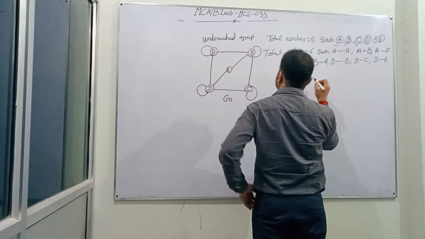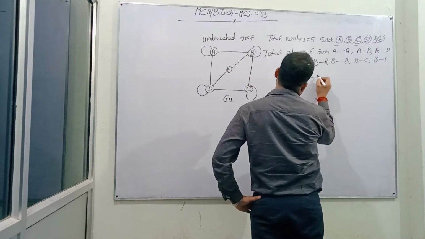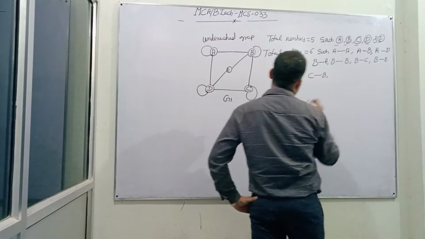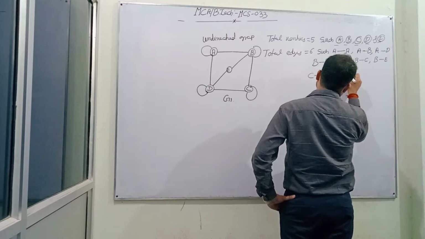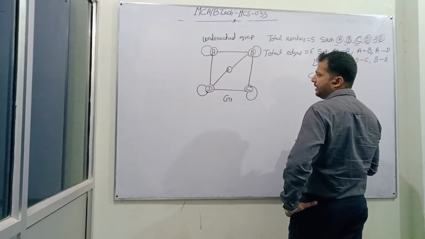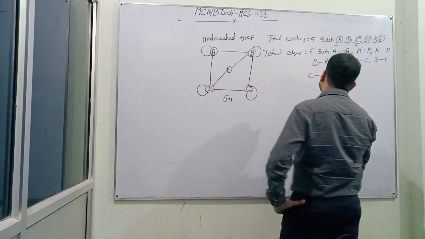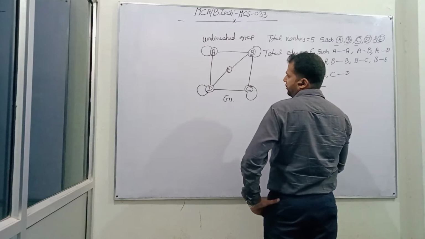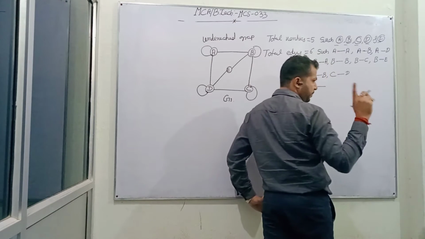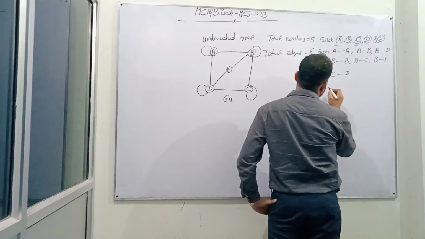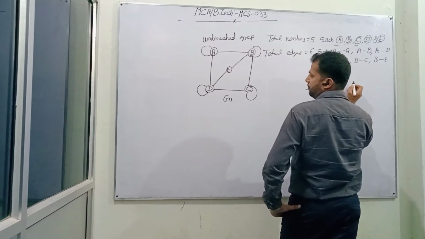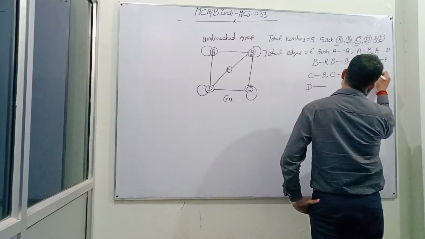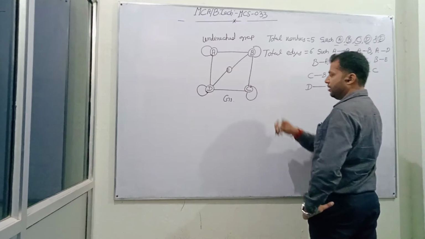Here we will consider C. So we will see C to B, C to D. Yes or no class? And then we will consider the next vertex D. D to D has a loop. Sir, C to C will also go? C to C, just because there is a loop.